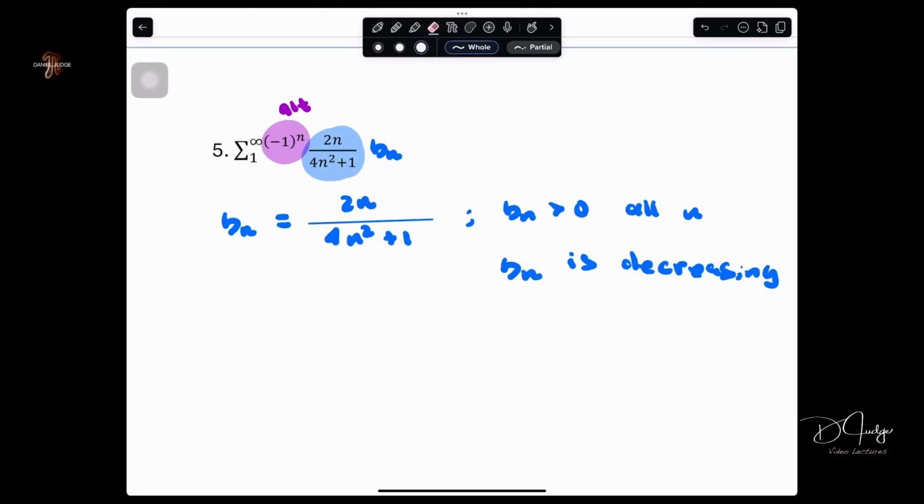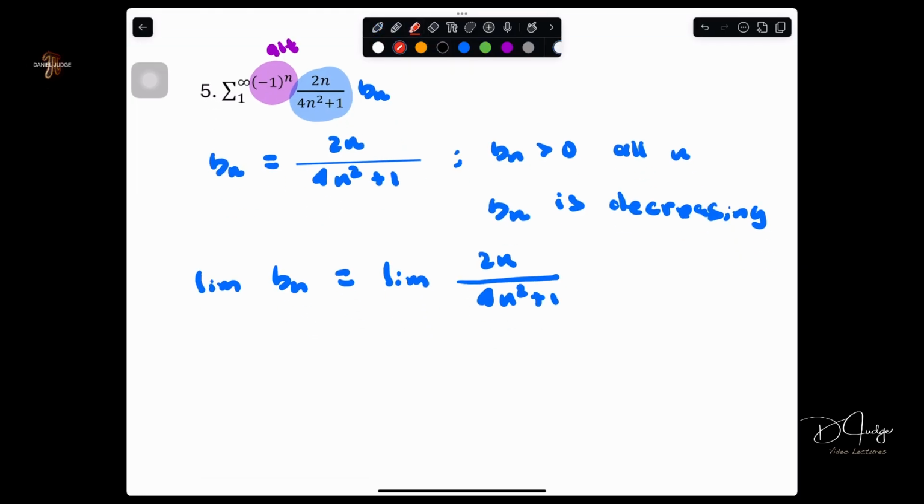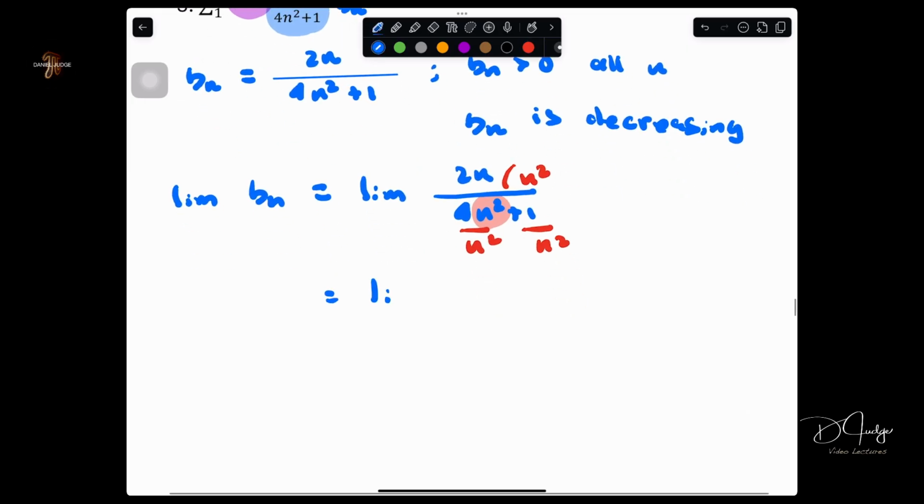Now, as we look at the limit of b_n, which is the limit of 2n over 4n squared plus 1, we divide every term by n squared, using, again, the calculus 1 approach, which gives us 2 over n over 4 plus 1 over n squared.